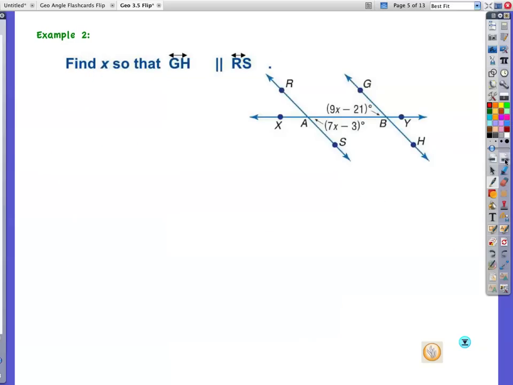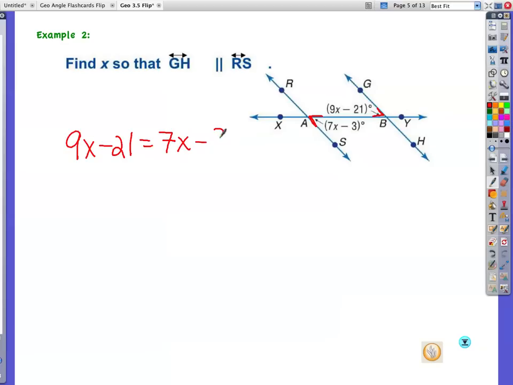Next example. Find x so that line GH is parallel to line RS. Well, if I have this angle right here and this angle right here, and I want the lines to be parallel, then those alternate interior angles are going to have to be congruent. In order for them to be congruent, I set them equal to each other.